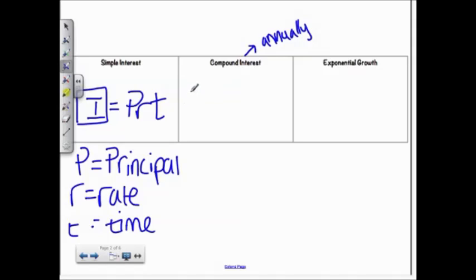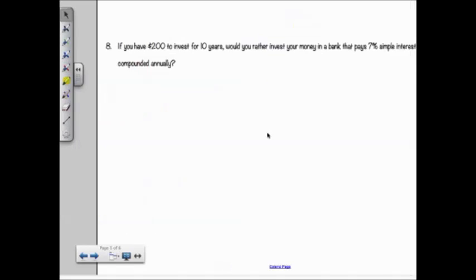And what that's going to be is the amount of money that you have is going to be equal to the principal, your initial amount, multiplied by 1 plus the rate, so nothing is new, all to the t power. And hopefully you understand the difference between when you would use simple interest and when you would use compound interest.